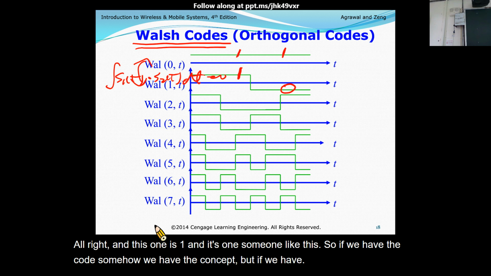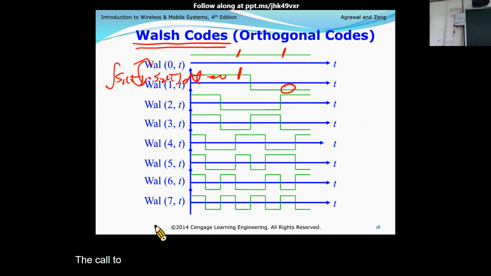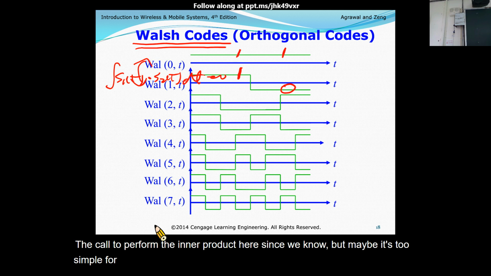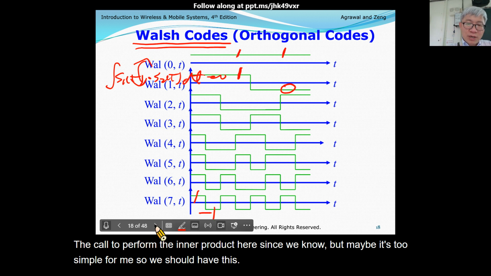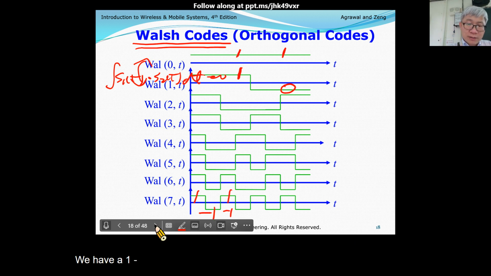If we have the code to perform the inner product here, maybe it's too simple for me, but we should have these: 1 minus 1, 1 minus 1. Actually, we have these.